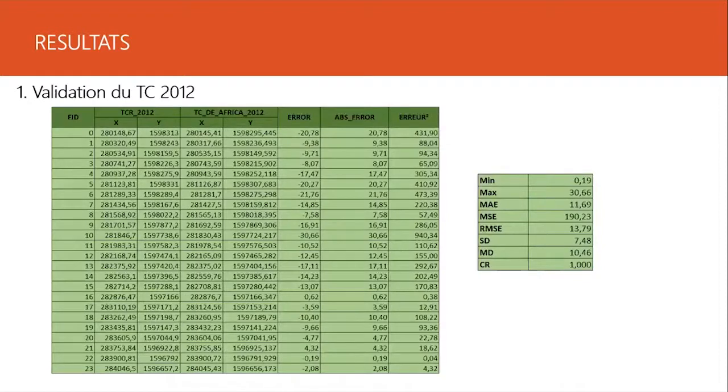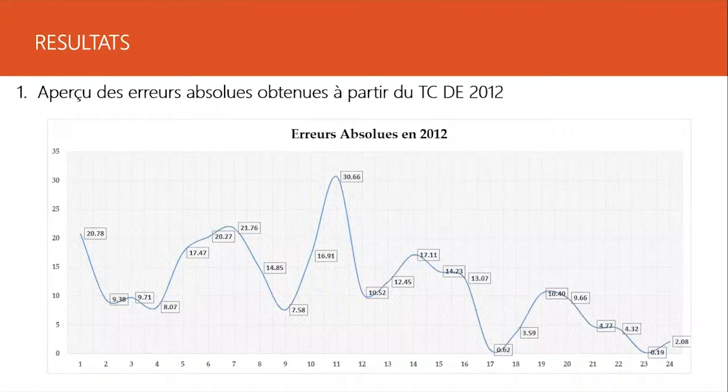Of course, for 2012, the highest error was 30, and the lowest was approximately 0.19. So you remember, most of the others were around 15, almost half a pixel of Landsat satellite imagery.